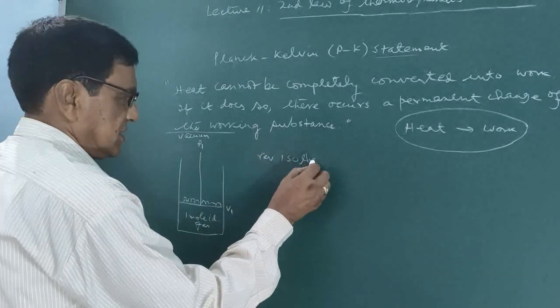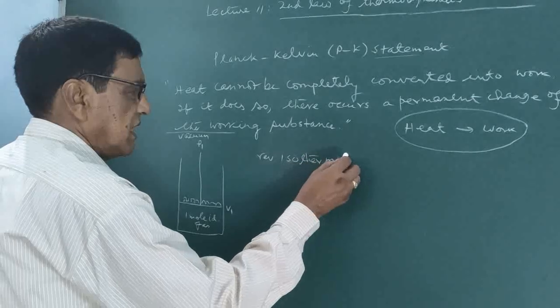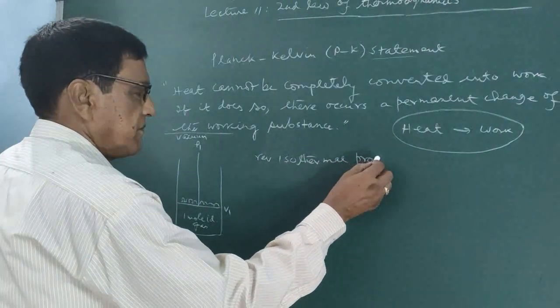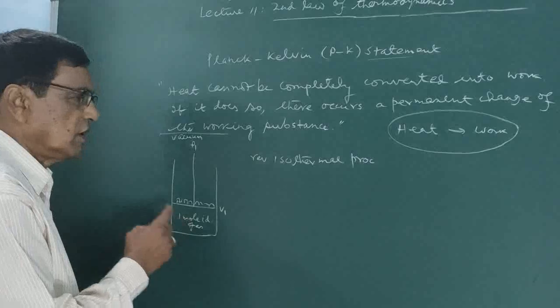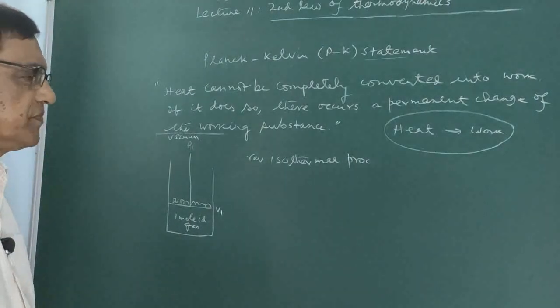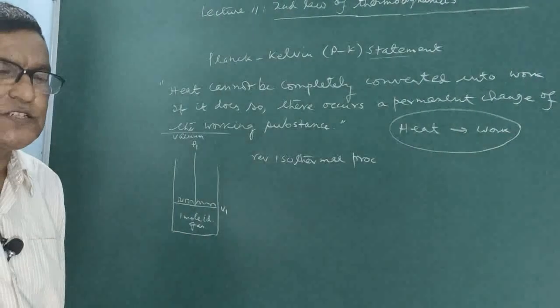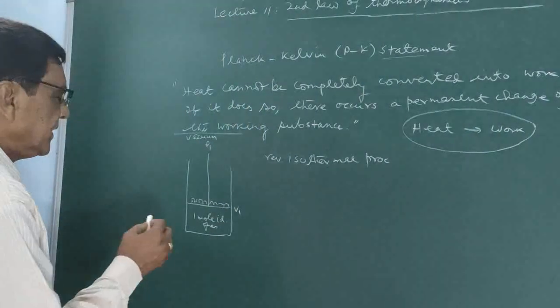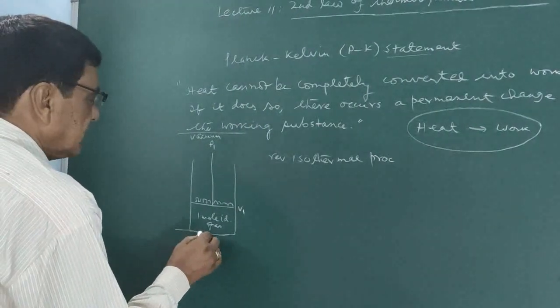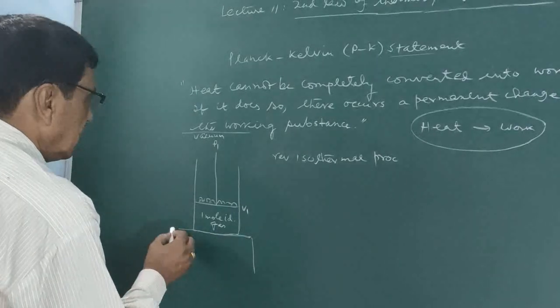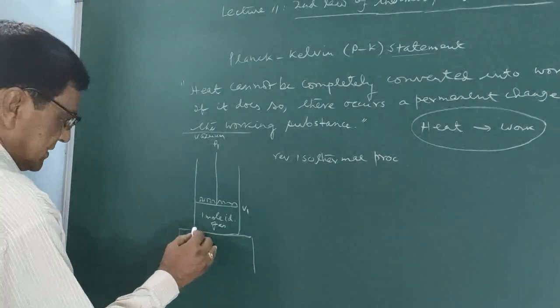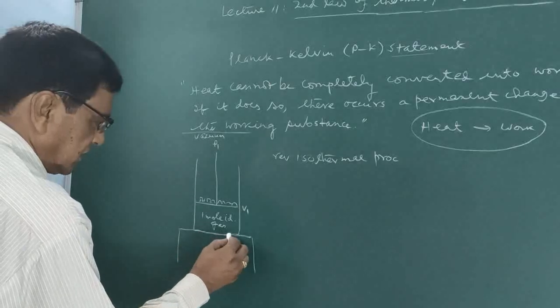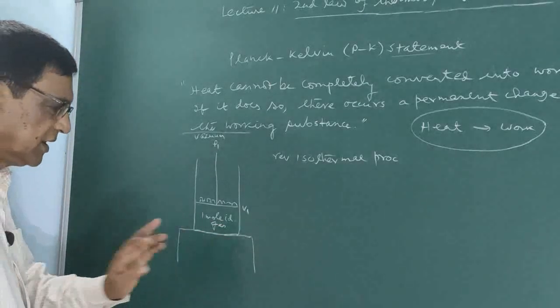And if we consider a reversible isothermal process containing 1 mole of this ideal gas as the working substance for the conversion of heat into mechanical work, then let us take this cylinder. This is perfectly thermally conducting.